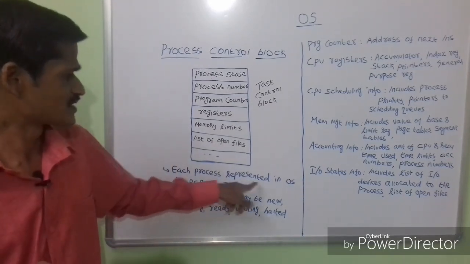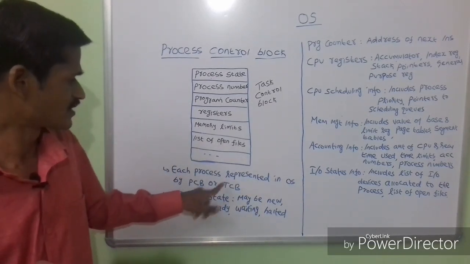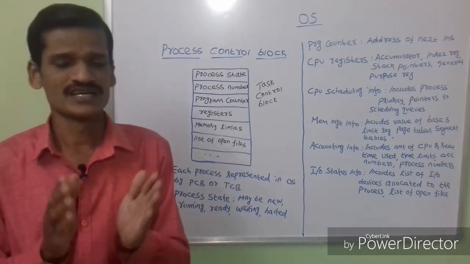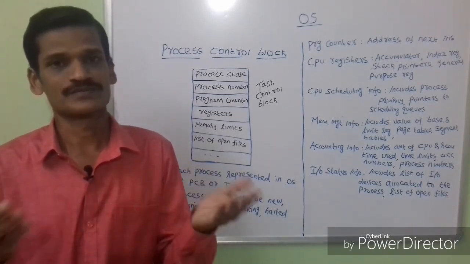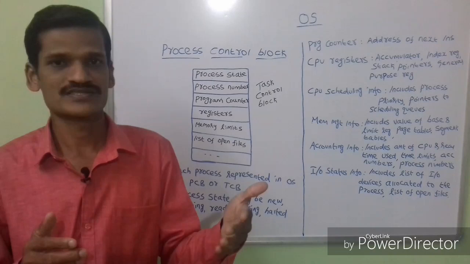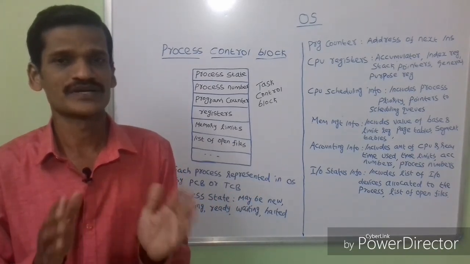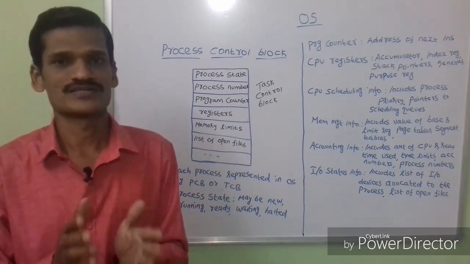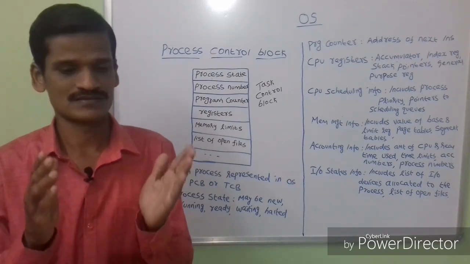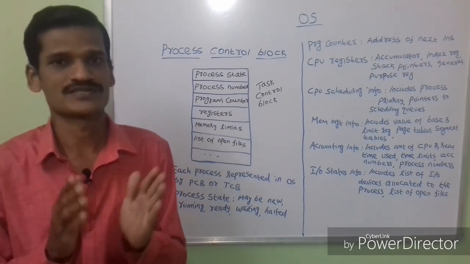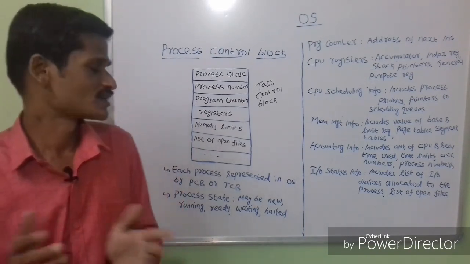Each process is represented in the operating system by a PCB or TCB. As I said already, in our computer system we have several processes, and each and every process should be represented in our operating system by using a process control block or task control block.